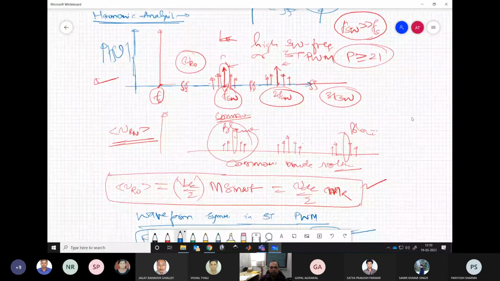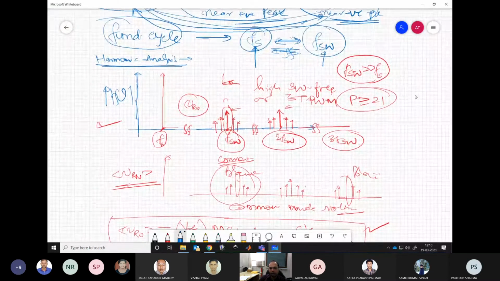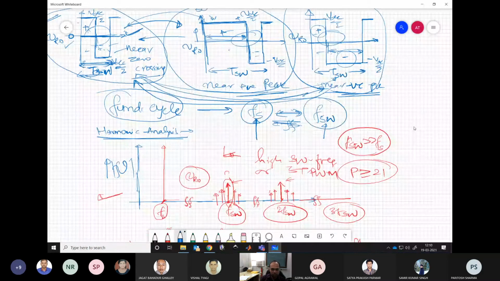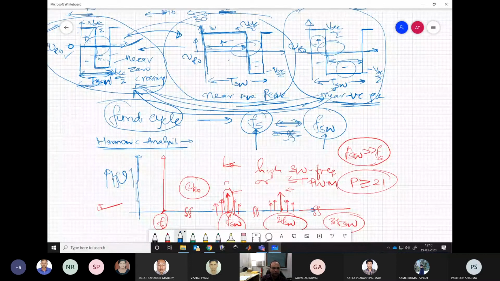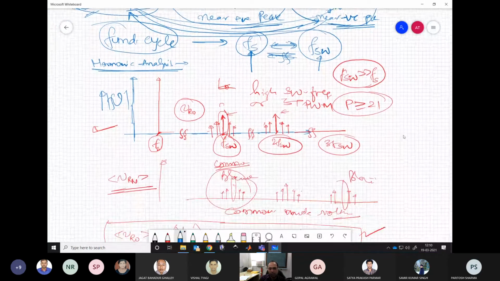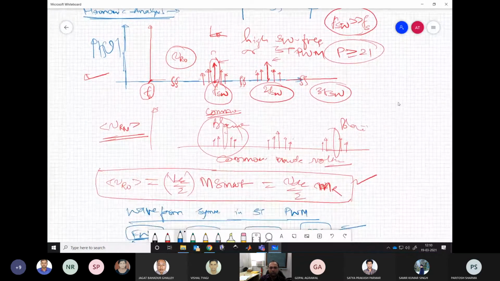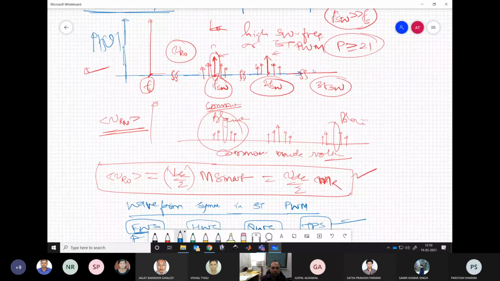Then further, if you see the harmonic analysis, these pulse widths are changing from 0 to maximum, then to 0, then to minimum, and then to 0. So there are two types of frequencies involved in this system: one is the switching frequency FSW, and the second is the sinusoidal frequency over which the pulse width is varying. In the harmonic analysis we find a sharp fundamental component.